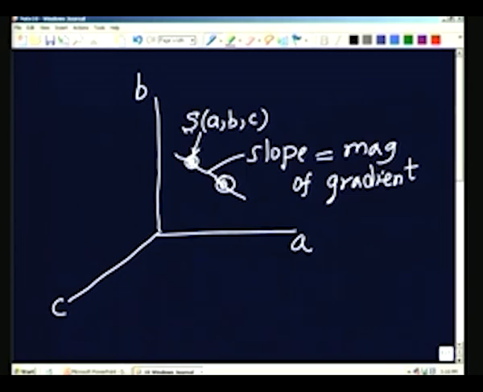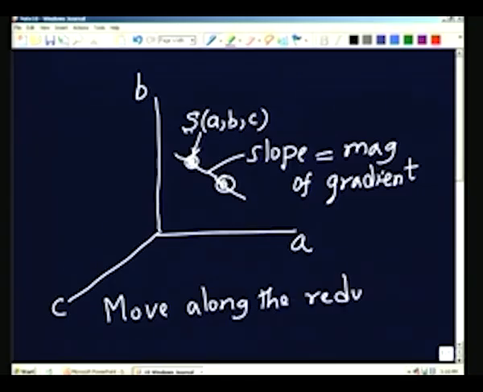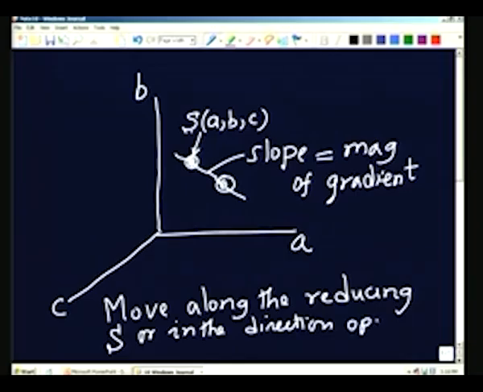So, we move along the reducing value of s, or in the direction opposite the gradient.